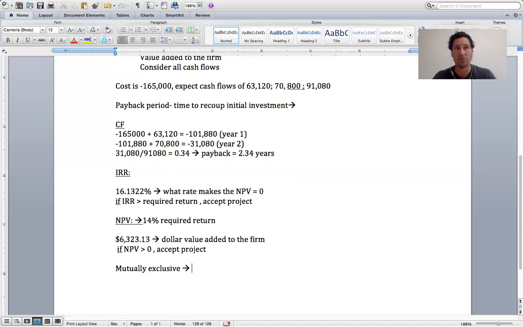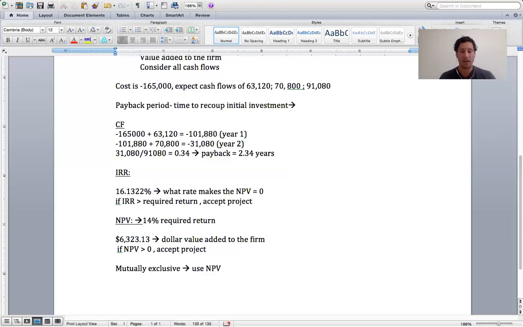Let's say we own some land in town and we're going to build something there. We could either build a restaurant or an apartment complex. We've got to do one or the other. We don't have the space or the cash or whatever to do both things. So we'd estimate the cost of each and estimate our cash flows, and we could figure out which one we would do. So with mutually exclusive projects, when we're going to rank projects, use NPV.